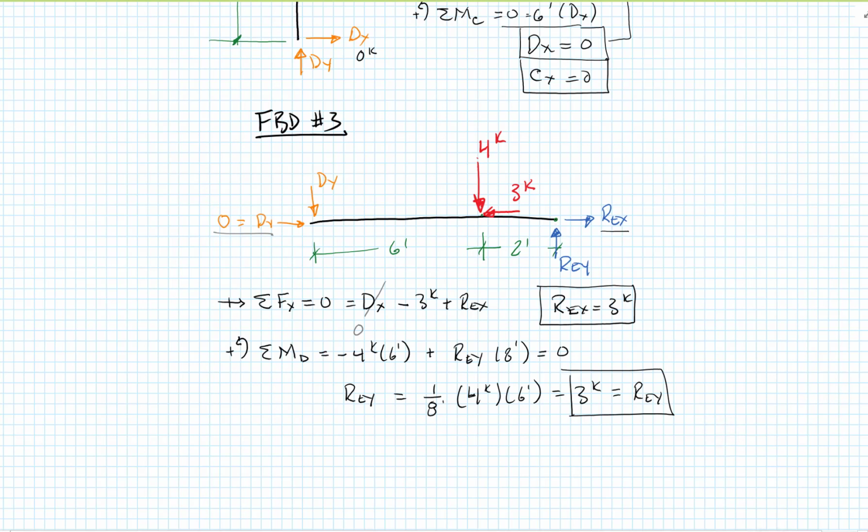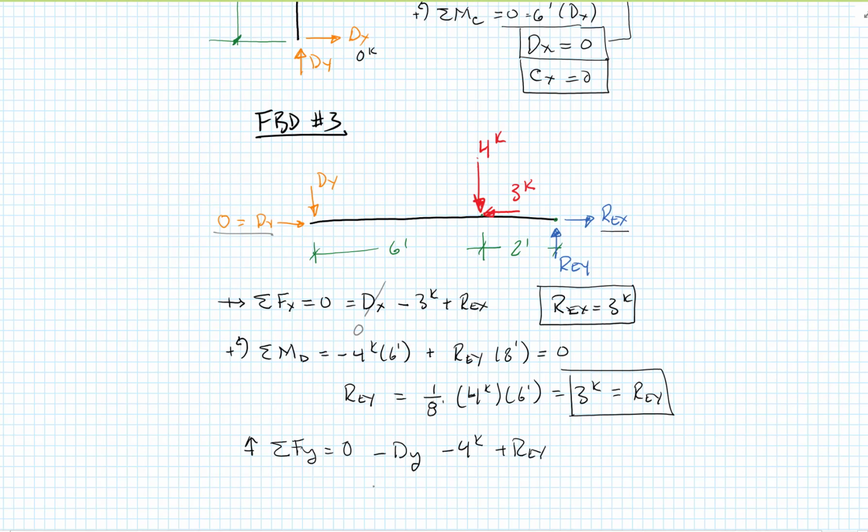The last equation of equilibrium down here is the sum of the forces in the y direction have to equal 0. We'll do up being positive, and we get minus Dy minus 4 kips plus Rey.